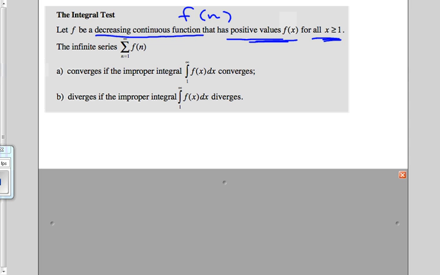So the infinite series would be the sum of all of these values. Our calculus way of talking about sums is to look at the integral from 1 to infinity of f of x. If that integral converges to a value, then my series will converge. And if this integral diverges, then my series will diverge.